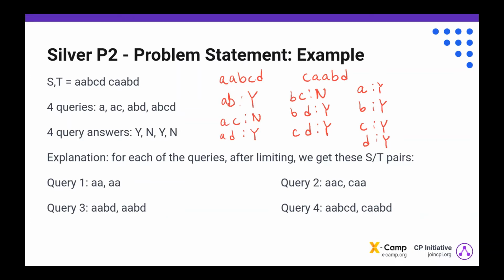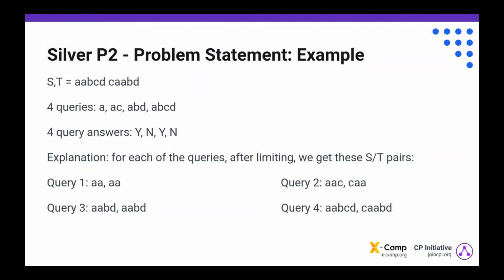And now ABCD, AB is yes, but AC is no. So once we hit our first no, the answer for the query already has to be no. So from this, we can calculate our answers to all 4 queries. And yeah, it's done.